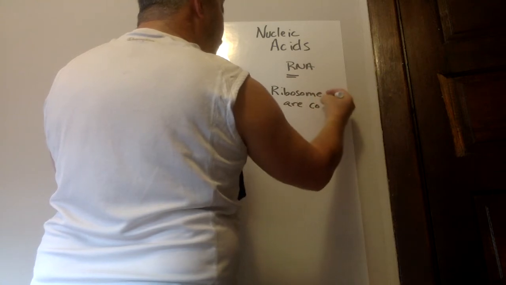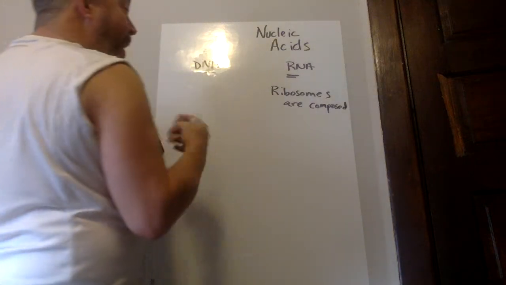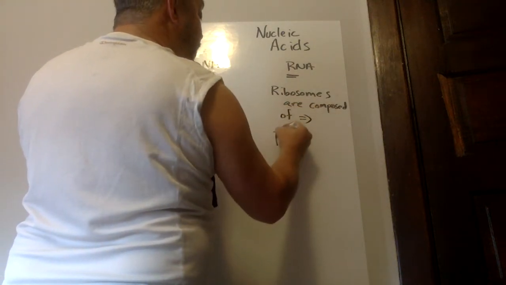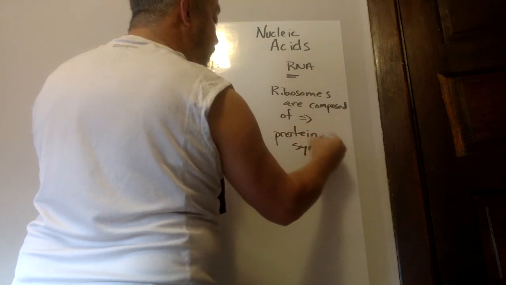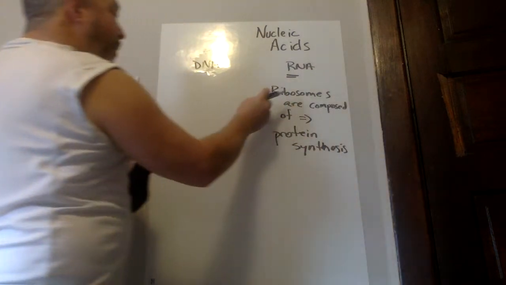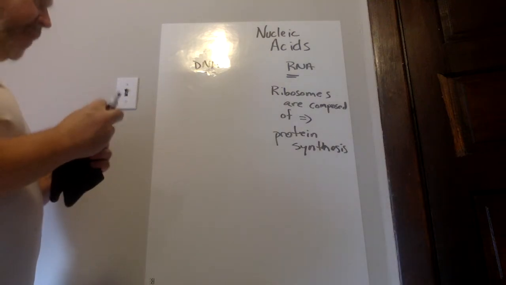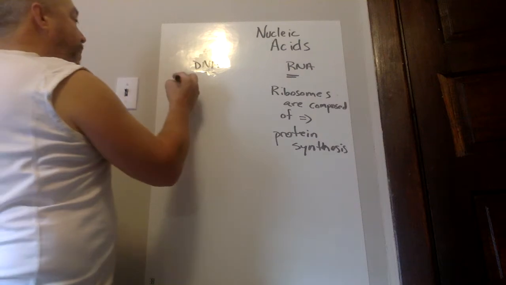That's where the name ribosome comes from. So their function is to create proteins. Remember, ribosomes are made in the nucleolus. We put together RNA molecules to make that ribosome, which will then make the proteins.